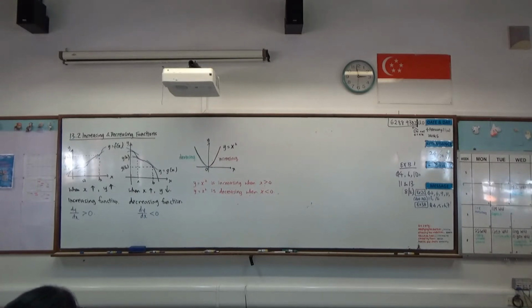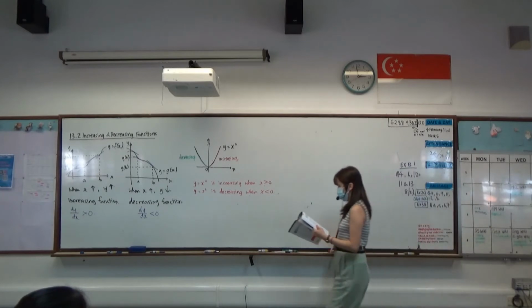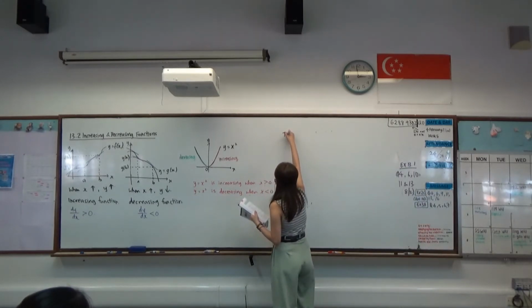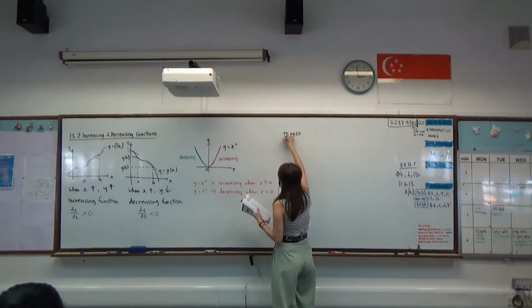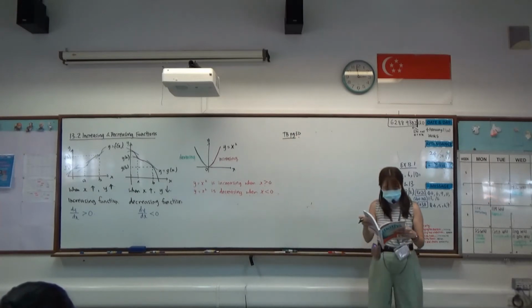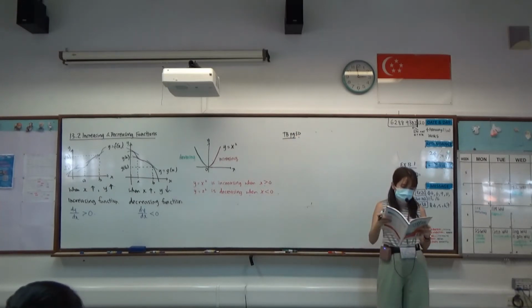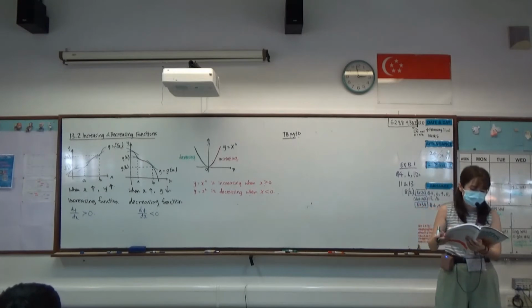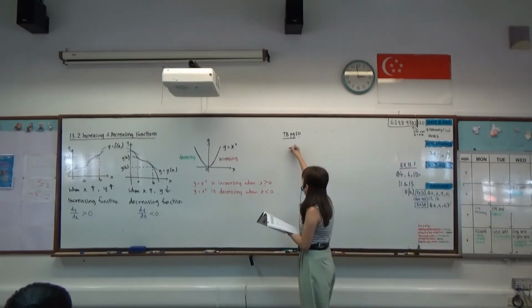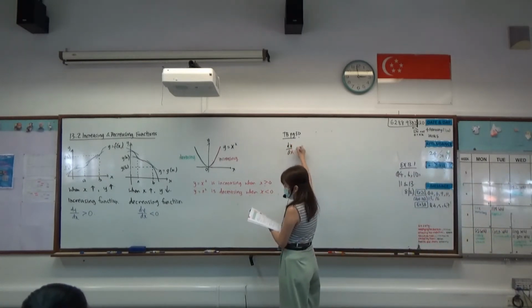I want us to just take a look at our textbook. Let me find the page first. Okay, our textbook page 30. In case you are a person who likes to read different kinds of textbooks, or this our own textbook itself, I'll just write down one of the statements in that green box.